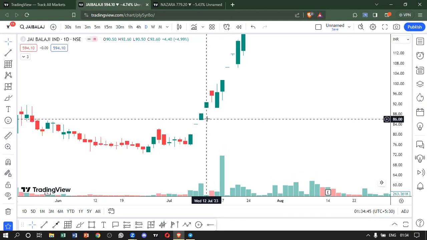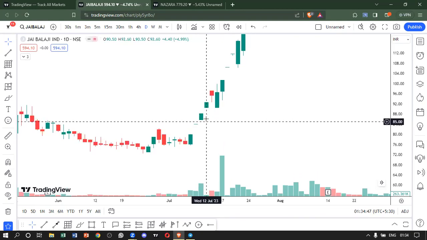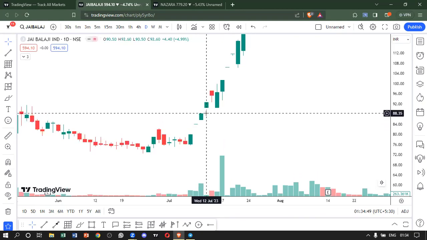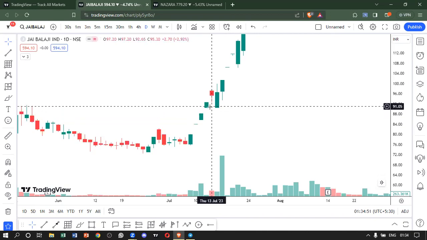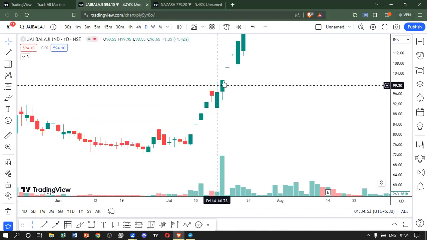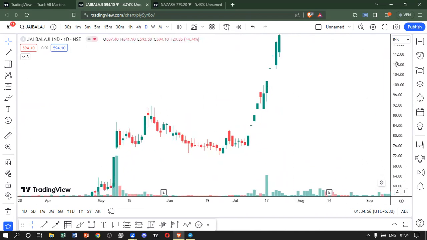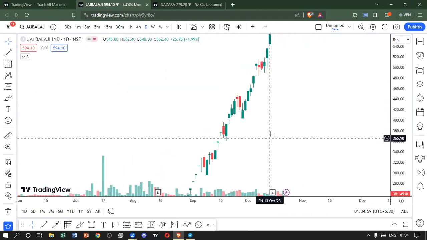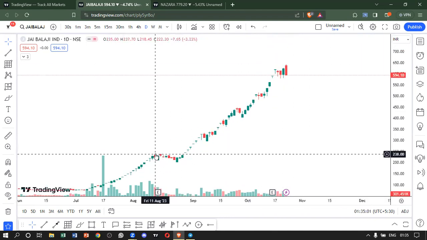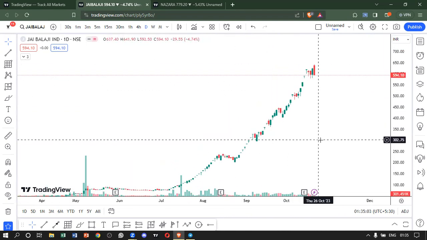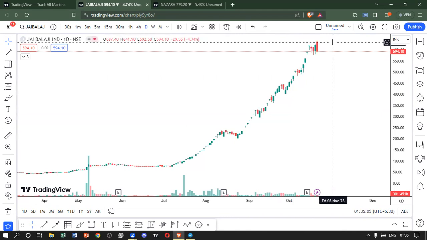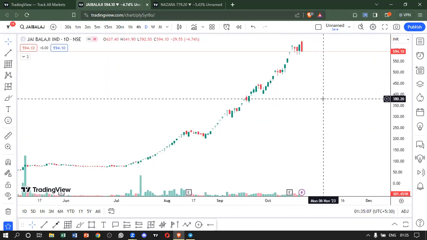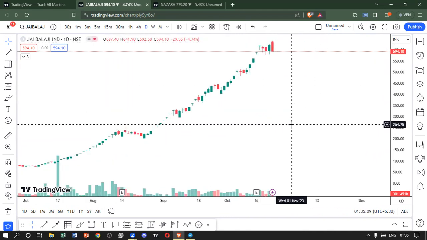The next day also, it opens a gap up, and then hits the upper circuit again. The same story repeats, and you can see the results, guys. It's magical. It's kind of like a hack that people have been using in the markets for quite some time now.